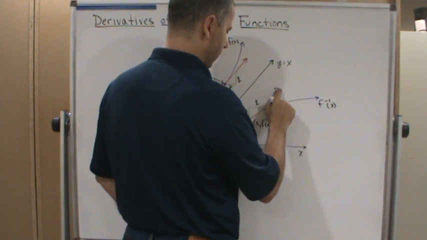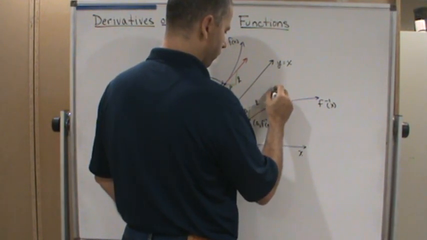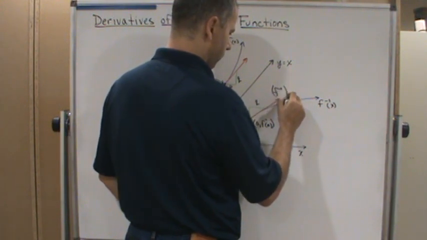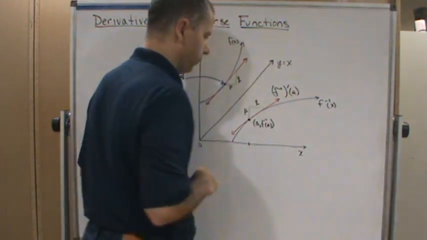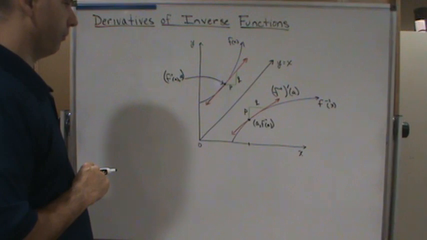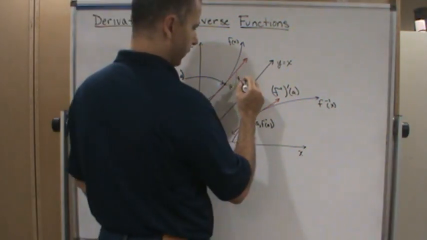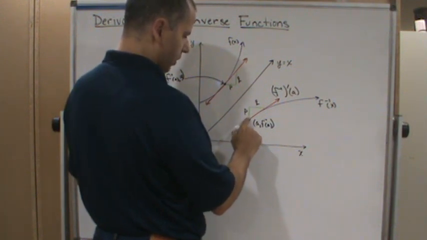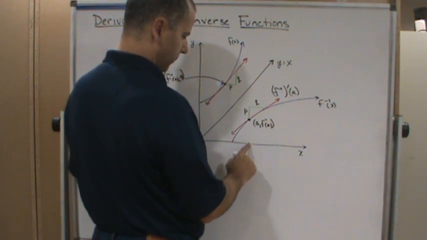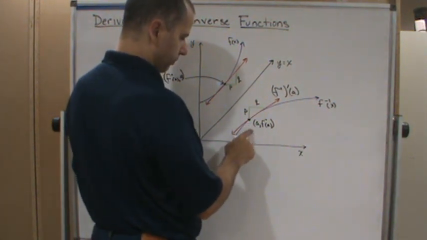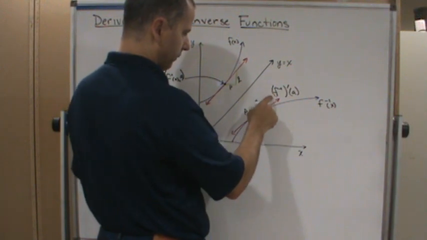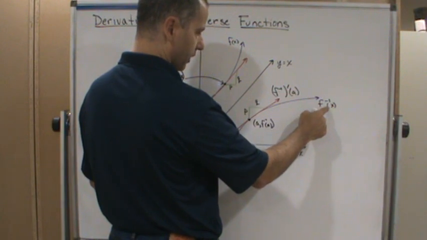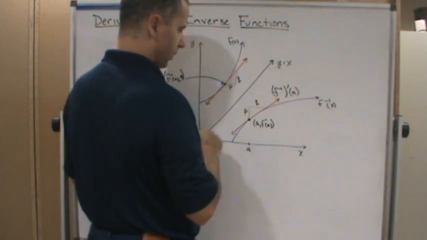This is going to be f inverse prime of a. And then this tangent line will be, because this is a, the tangent line at a for this one. So it'll be f inverse prime of a, because that's what we're taking the derivative of. So it's the derivative of this function at a.